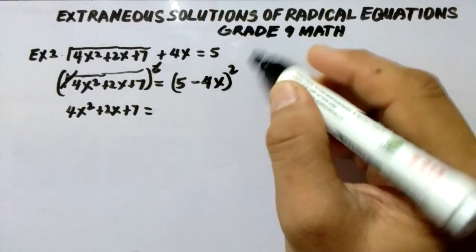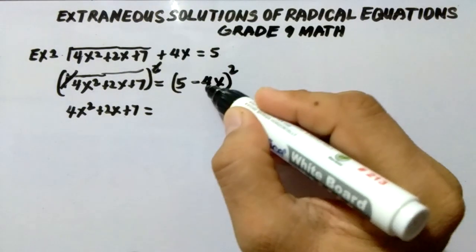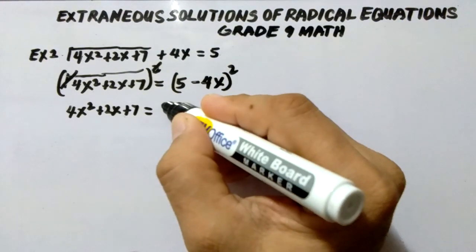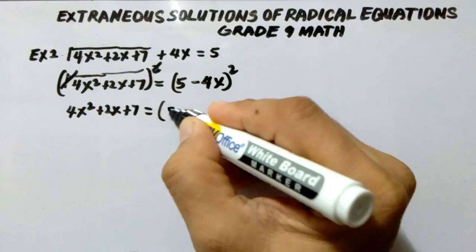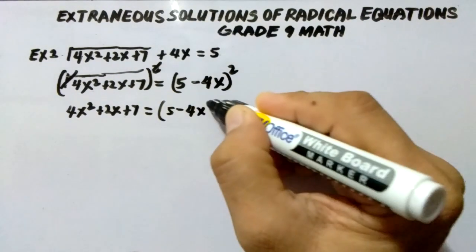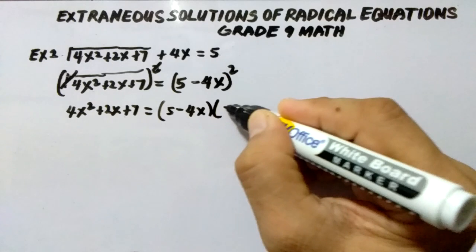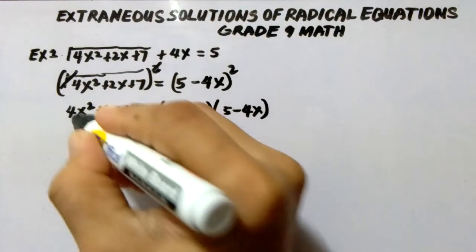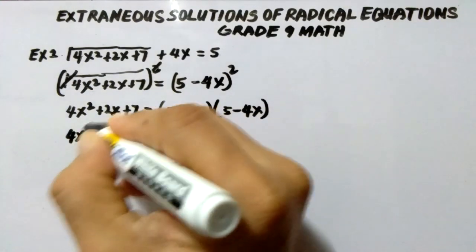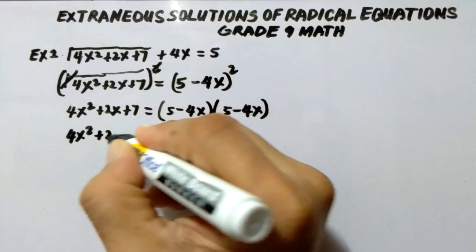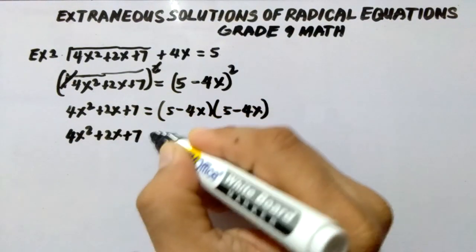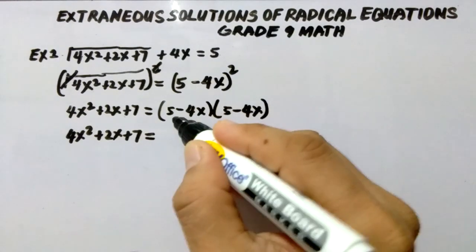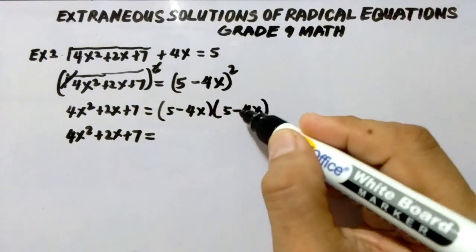So, ang ibig sabihin po nito, dalawang quantity po na ganito. Okay, so i-copy po natin dito sa baba. So, quantity 5 minus 4x times the quantity 5 minus 4x. Then, 4x squared plus 2x plus 7 is equals to, so multiply po natin ito using the FOIL method.